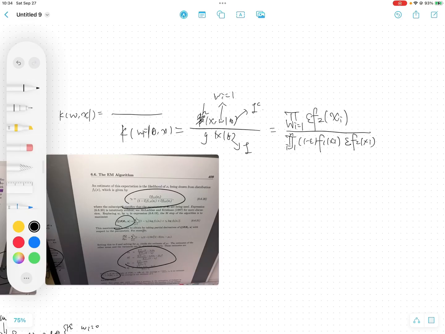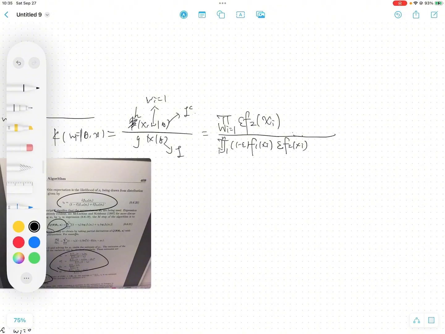This is really the term where we only choose the group that wi equals 1, but also we multiply many terms by 1 if wi equals 0.